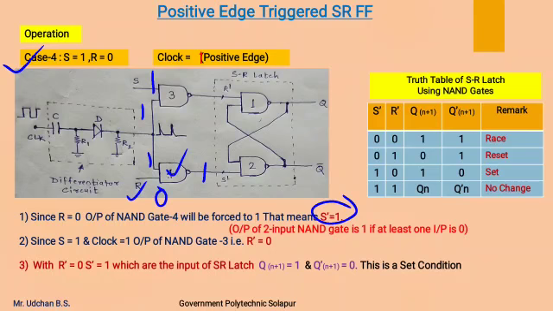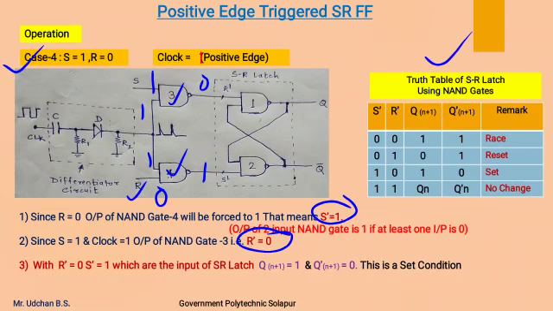And for NAND gate 3, S is 1 and the clock input is also 1. So for 1 1, the NAND gate outputs 0, by which R dash becomes 0. So after this we get R dash as 0 and S dash as 1, which are the inputs to the SR latch.